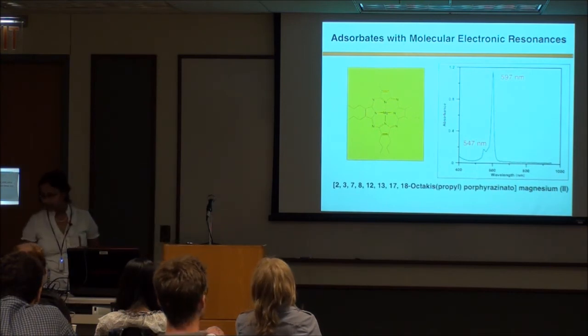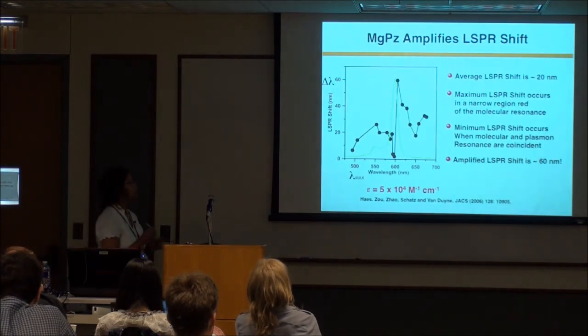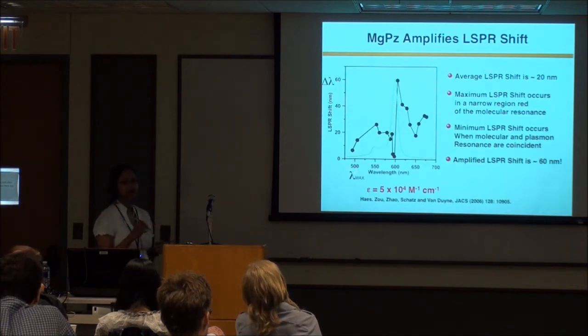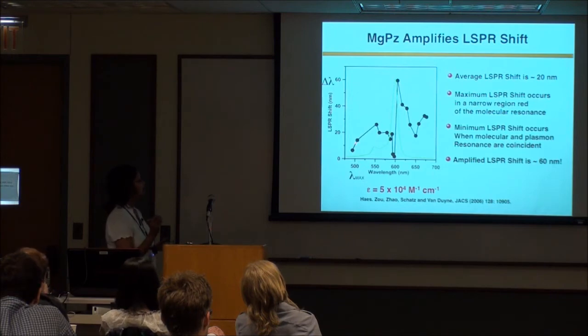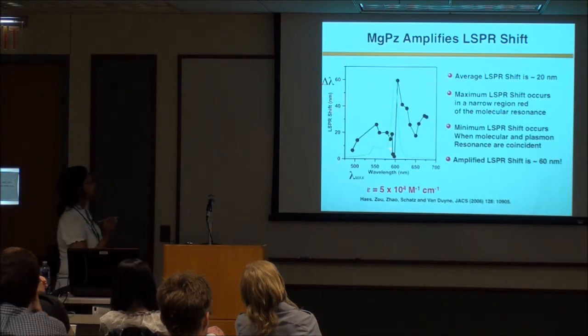Now suppose we immobilize these molecules on the nanoparticle surface, and what we plot here is the wavelength maxima of the nanoparticles. These black dots are different nanoparticles, the y-axis is the LSPR shift, and the green is the spectrum of the molecule itself.